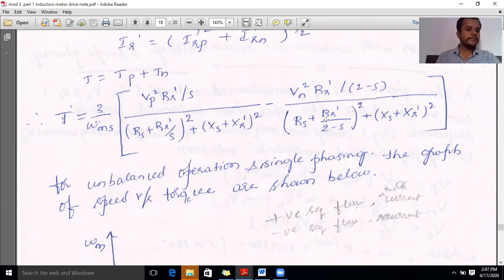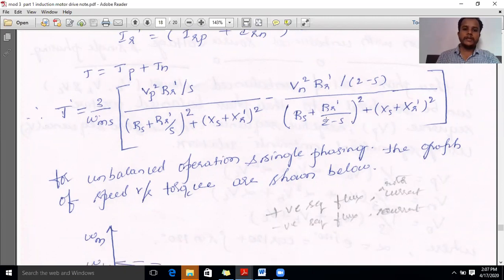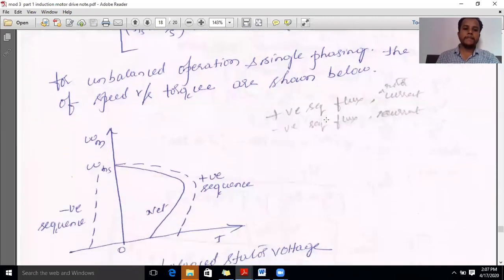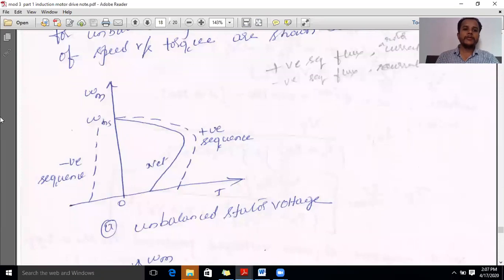In this particular unbalanced operation, whatever the curve we are getting, this is the curve. Again it is omega m versus torque. Here one curve is for the positive sequence, and the other curve is for the negative sequence.